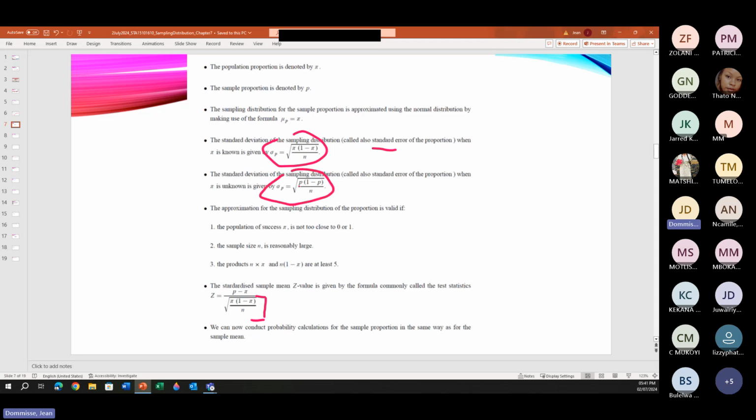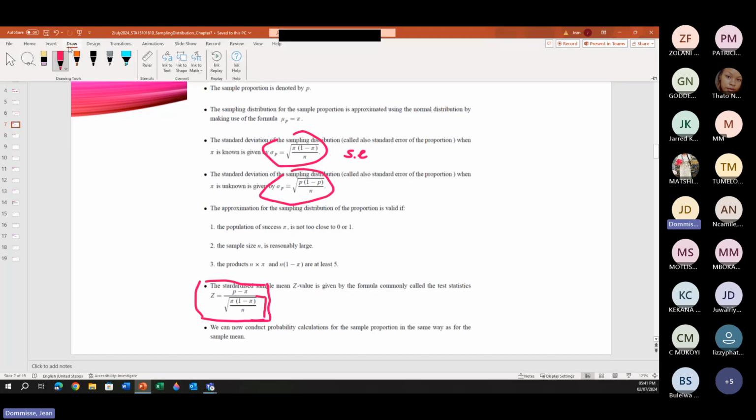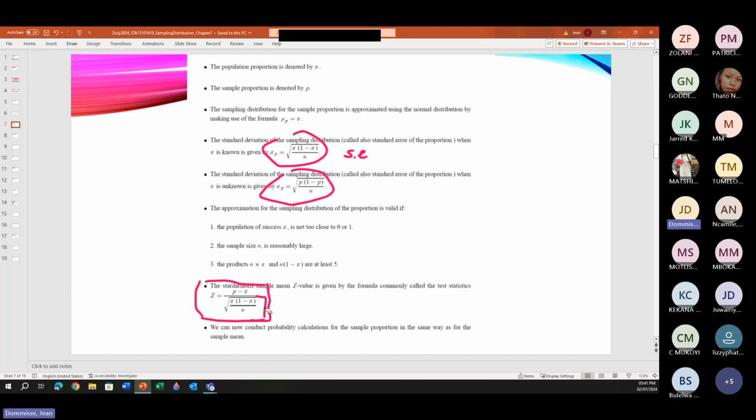But remember the standard error, because they love to ask standard error. The other important thing is where they give you all the information so that you nearly work out that Z. One of the answers is also the Z, but you only needed to work out the standard error.